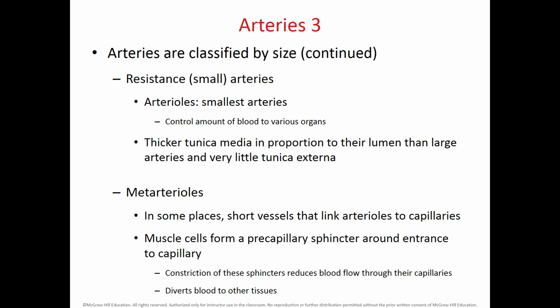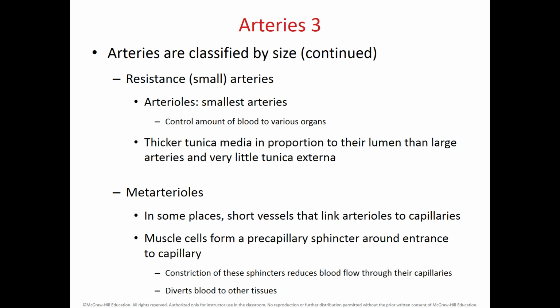The meta-arterioles are located at specific places. They are the short vessels that connect the arterioles to the capillaries. And within these meta-arterioles, we have a layer of smooth muscle cells around them that is called the precapillary sphincter, and that helps to control the amount of blood that is going to pass through a specific area within the capillary beds.